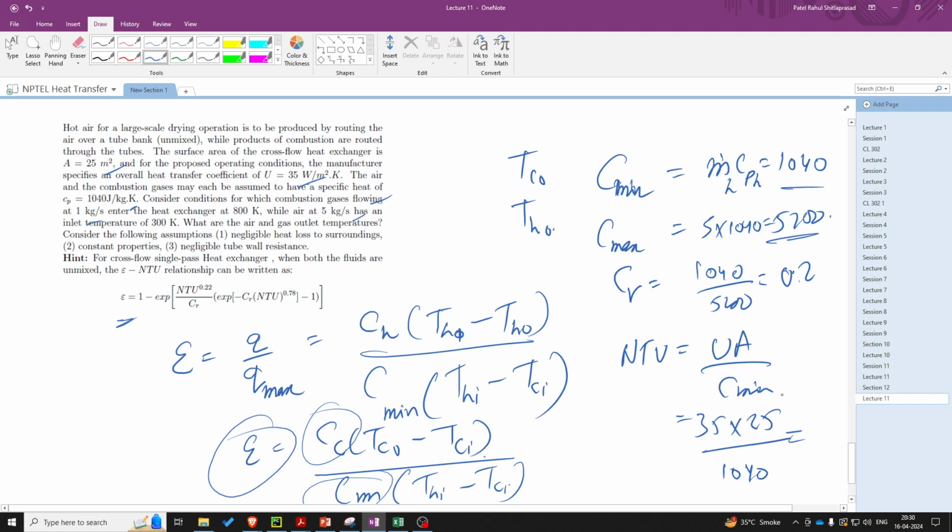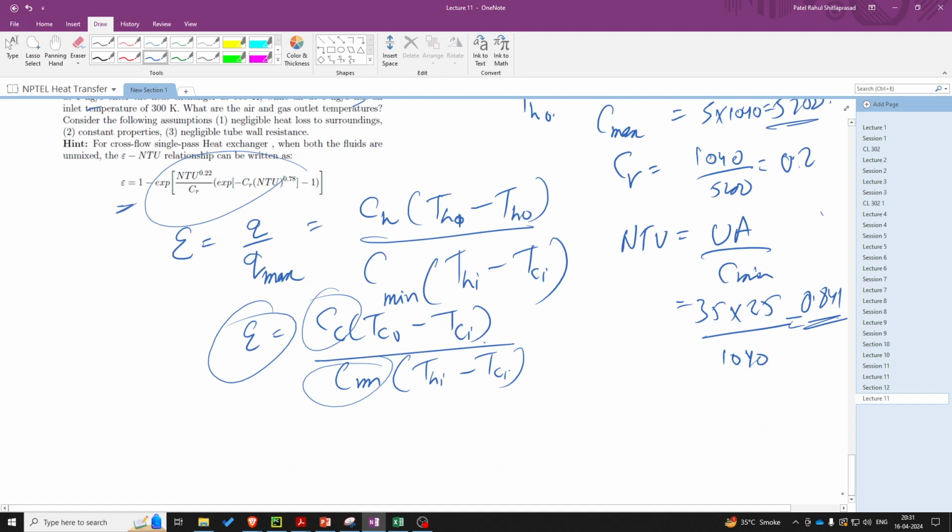So this you can calculate it as 35 into 25 divided by 1040 as 0.841. So this 0.841 you can put over here along with CR, and you will be getting the value of effectiveness factor as 0.537. So you can try calculating the effectiveness factor from the given formula.